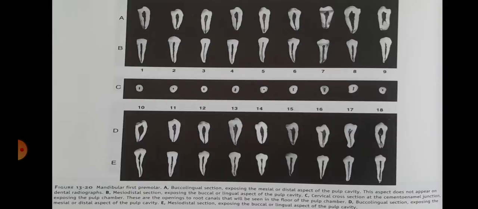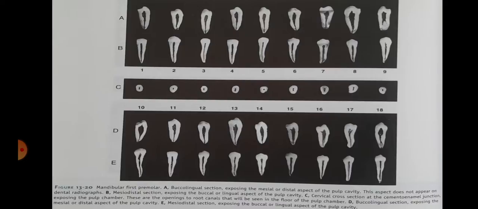It may be slightly to the buccal. You can see this in figure 13.20 A8, D14, 15 and 16. Or the lingual aspect of the root. This is evident in figure 13.20 A1 and 4, D17.